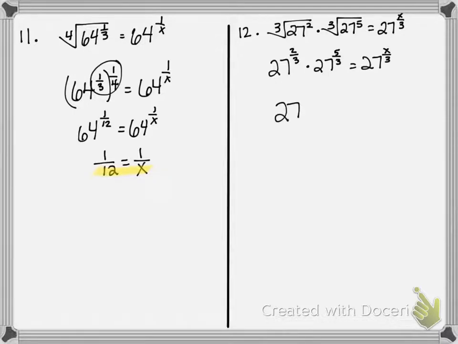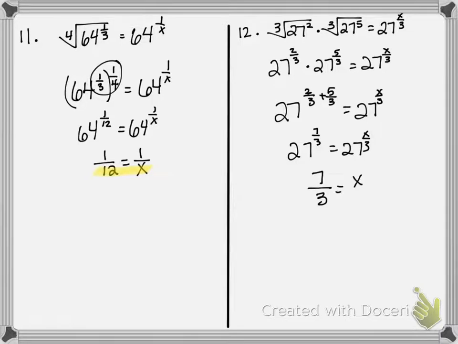Adding my exponents, because of the product rule, gives me 2/3 plus 5/3. So I have 27 to the 7/3 equals 27 to the x/3. Since my bases are the same, I can set the fractions equal. So x equals 7.